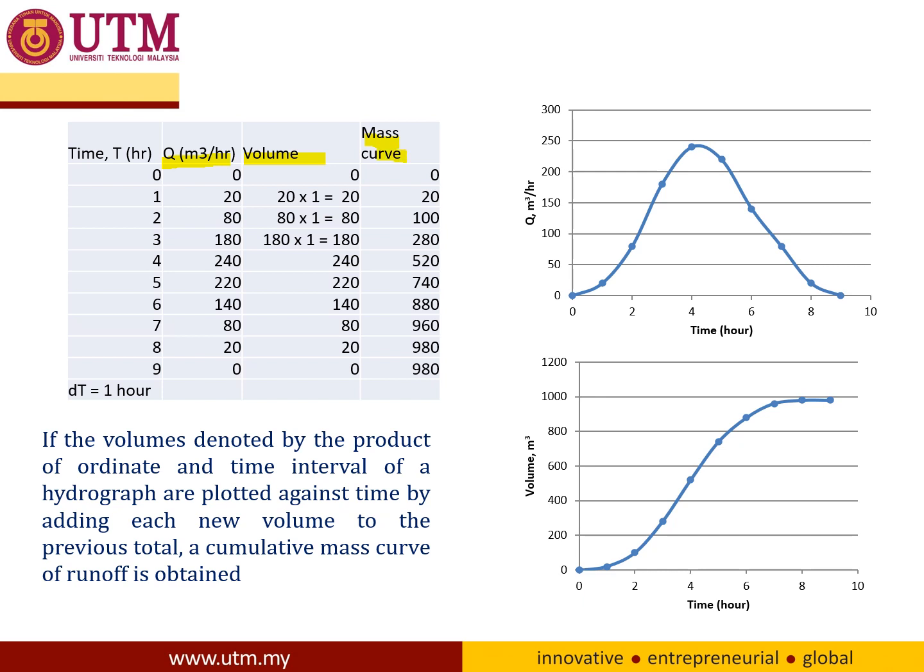So the mass curve is just a cumulative of the volume of the water entering into the reservoir. So this is from hydrograph to mass curve, a cumulative of the volume of water calculated from the hydrograph.